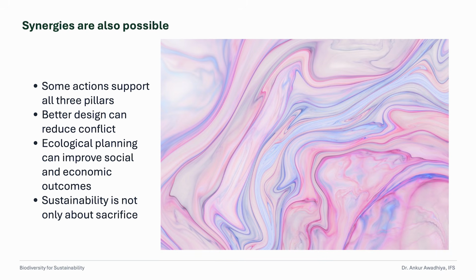At the same time, sustainability is not only about conflict and sacrifice. Synergies are also possible. Some actions support all three pillars together. Better design can reduce conflict, and ecological planning can improve social and economic outcomes.